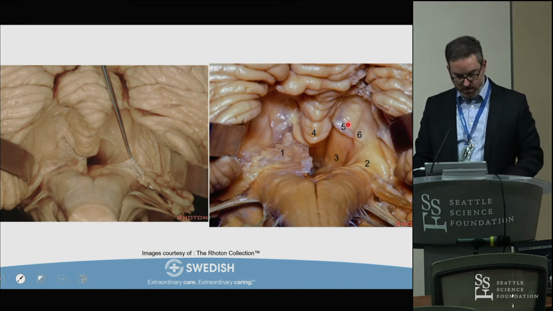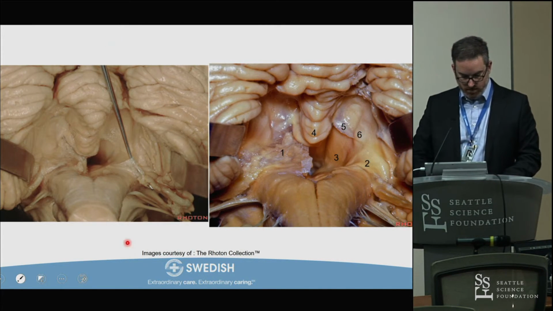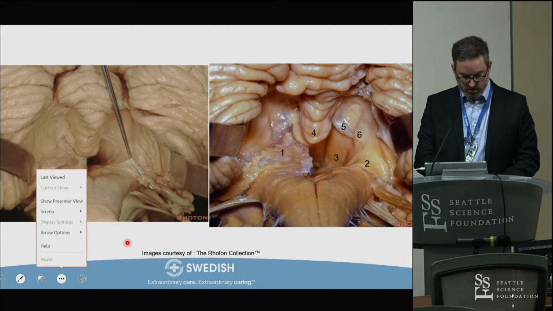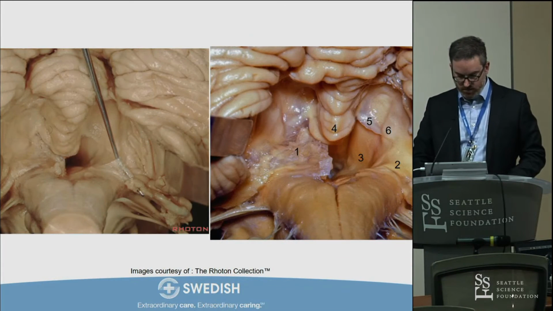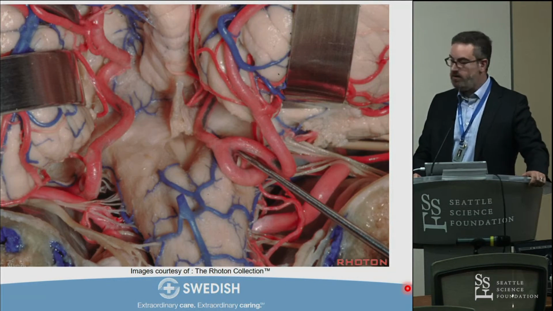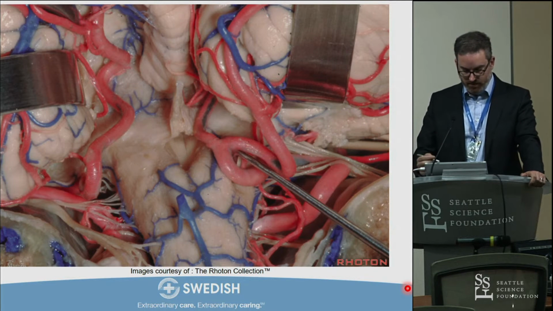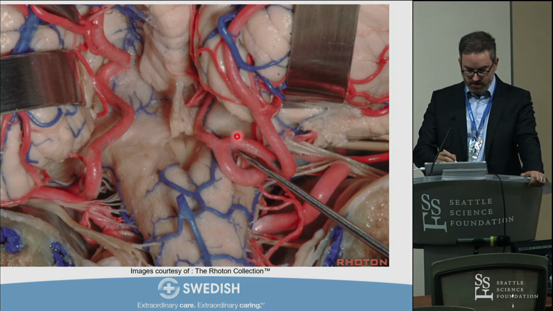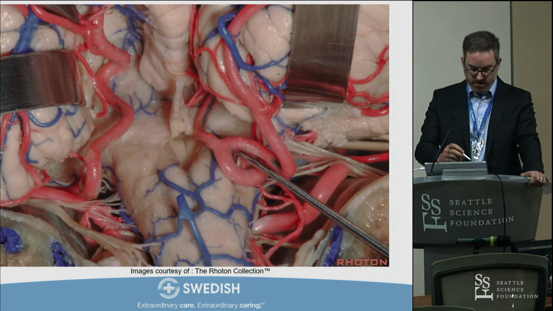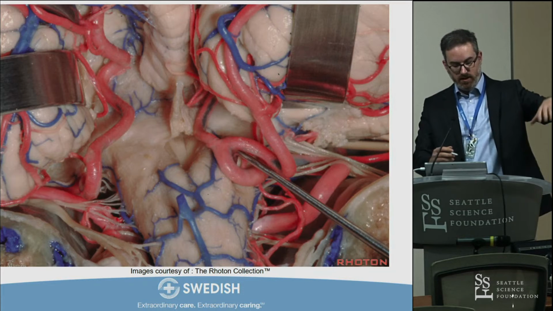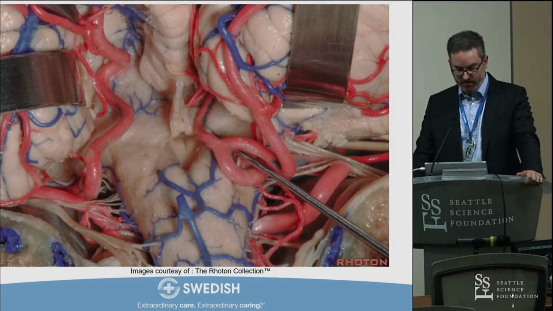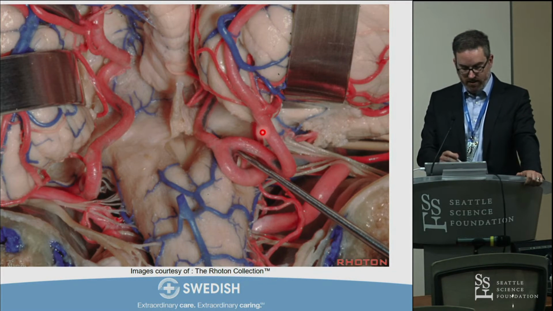All right, switch views here for just a moment. Here it is with vessels in place, or at least some of them. So you can see the cranial loop of PICA here. You can see PICA splayed open as the hemisphere and the tonsil have been retracted laterally, and you start to get an idea of the vascular relationships here.